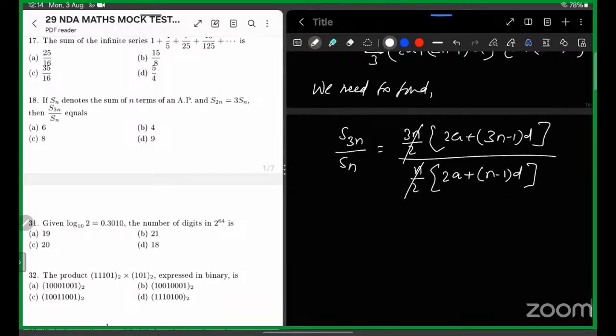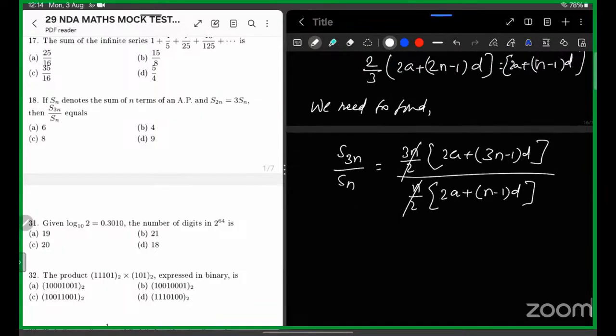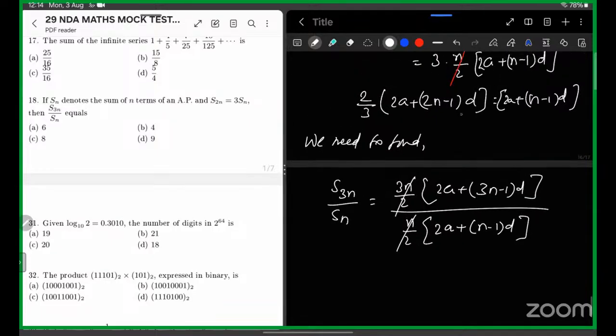We need to equate and find out some relation between n, d and a, okay? Then when you put the value, I will directly write the answer. You try to solve it, okay? Because there will be some relation after solving this equation. 2a plus 2n minus 1 into d equal to 2a plus n minus 1 into d.